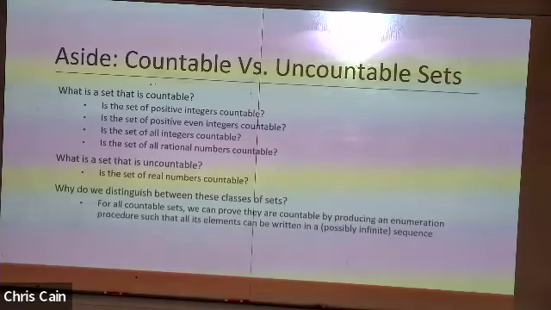So the first digit of the first number increment mod by 10, the second digit of the second number increment mod by 10, the third digit of the third number increment mod by 10, and that new number that we're generating would be distinct from every number that we'd listed so far. And that was a way of showing that there is no way to enumerate this entire procedure.